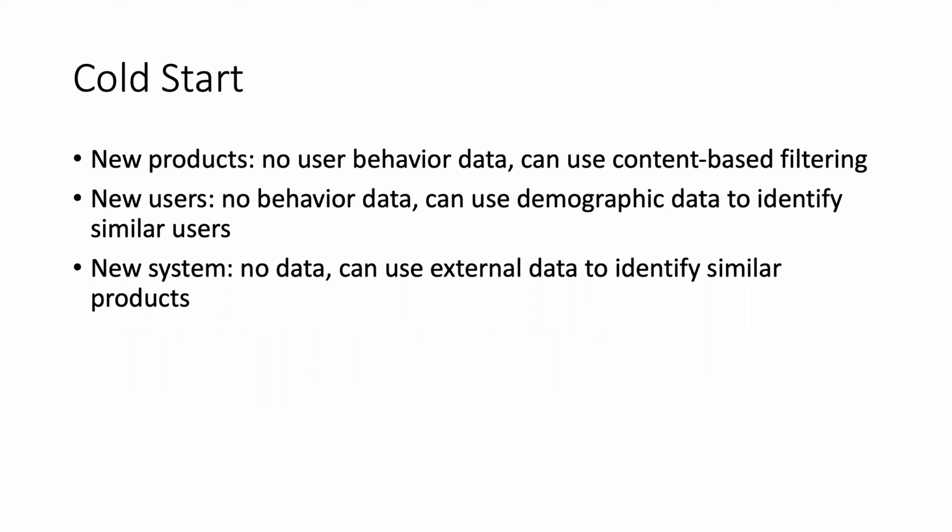For example, when there's a new product, we don't know how many people will purchase it because there's no purchase data, no click data, no user behavior data on this product. So probably we can use content-based filtering to get its description. For new products, the description or the price or some item-related information will still be there. We can use content-based filtering to calculate similarity.